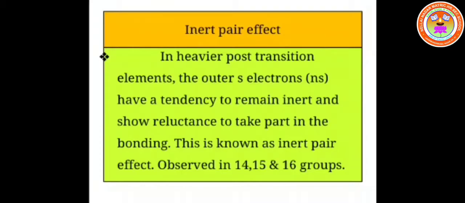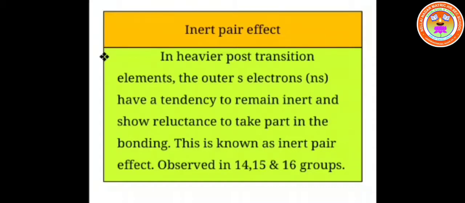Okay. See, we start the answer for inert pair effect as in heavier post-transition elements. Why do we use the words heavier post-transition elements? Heavier stands for higher atomic mass elements. Post-transition elements, d-block elements are called transition elements. In our modern periodic table, after d-block elements, we have got p-block elements. So, this effect is observed in p-block elements.